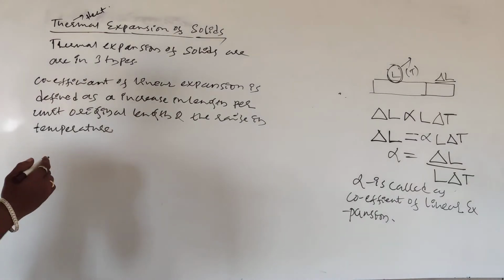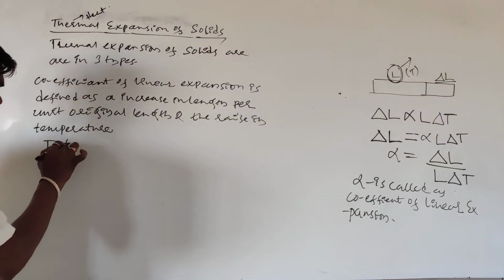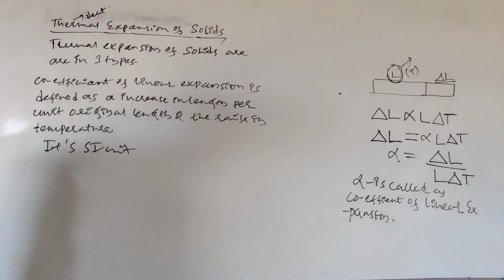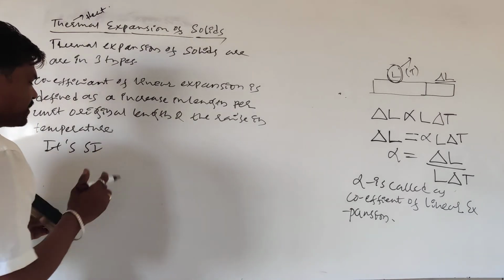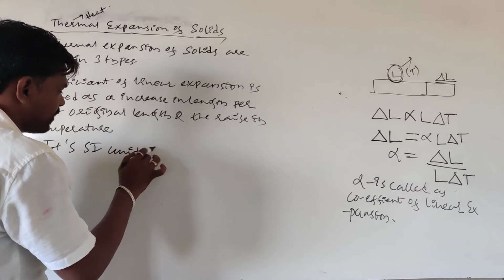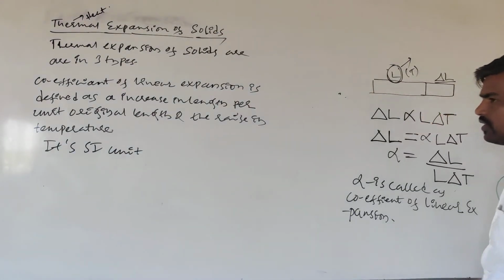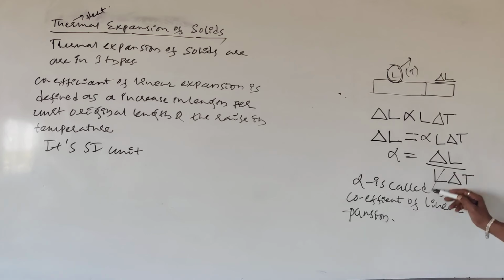And another thing I'm going to take is its SI unit. So think once what its SI unit is. See here, for the coefficient of linear expansion the length units cancelled, and the temperature is only there.